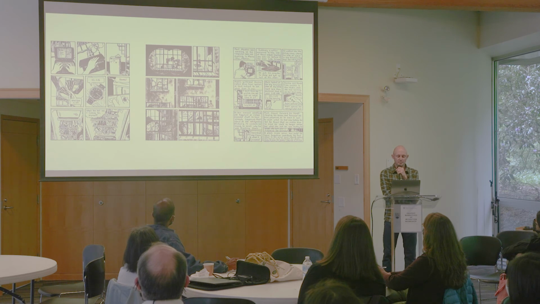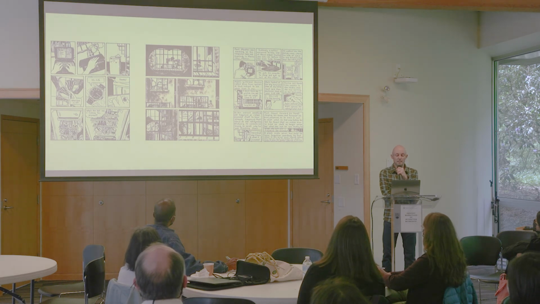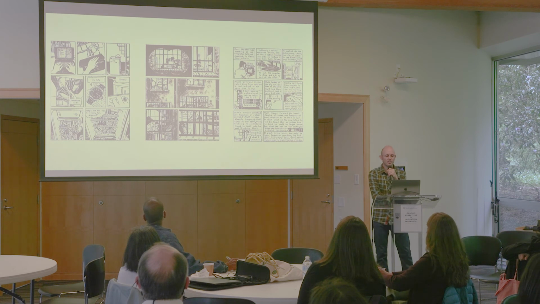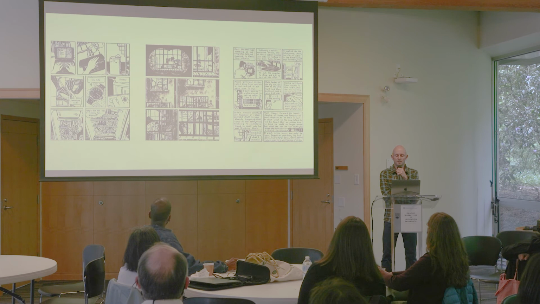So he's really showing you how different you can make these, even a basic story like this. By choosing different moments and different combinations of words and images, you get really, really different effects.